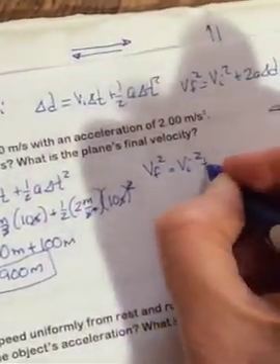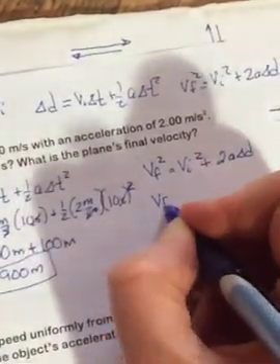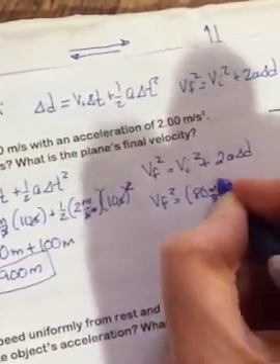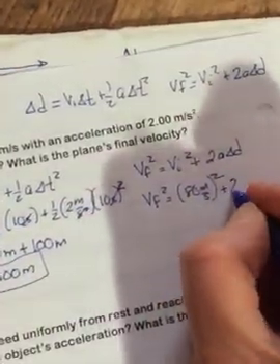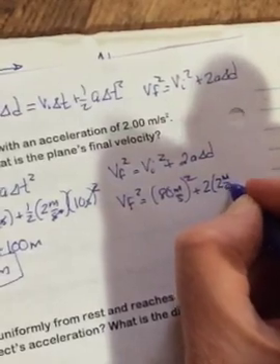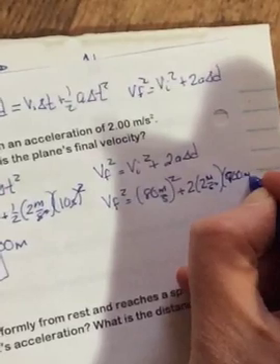So Vf squared equals Vi squared plus 2A delta d. So Vf squared equals Vi was 80 meters per second squared plus 2A was 2 meters per second squared and delta d was 900 meters.